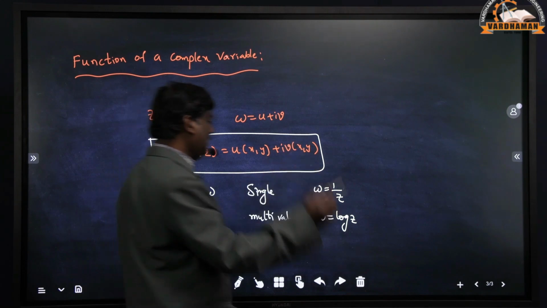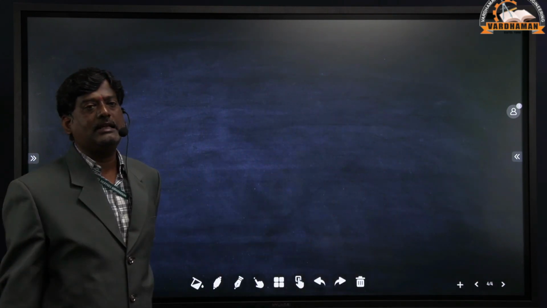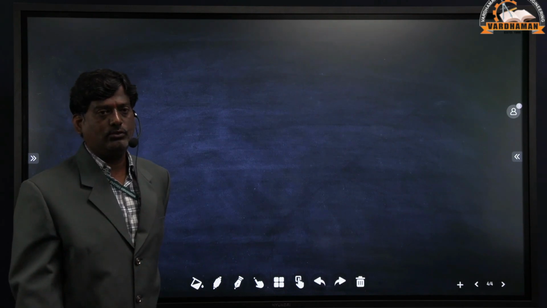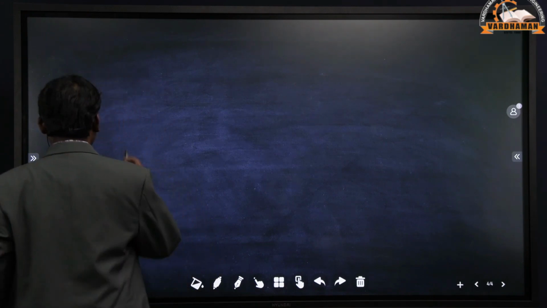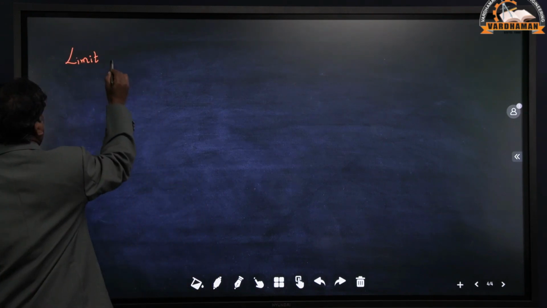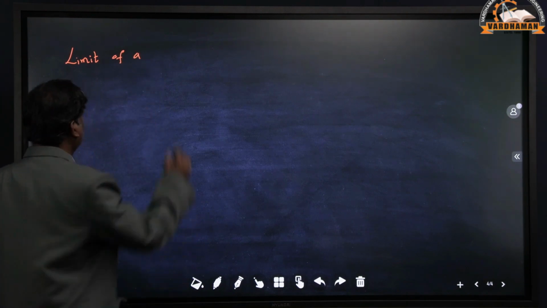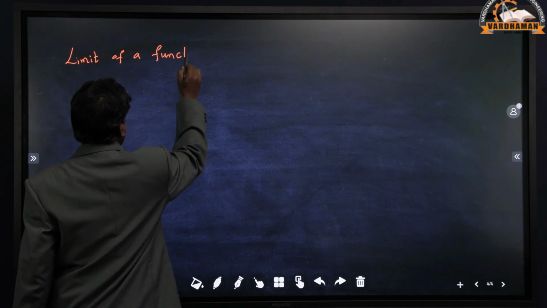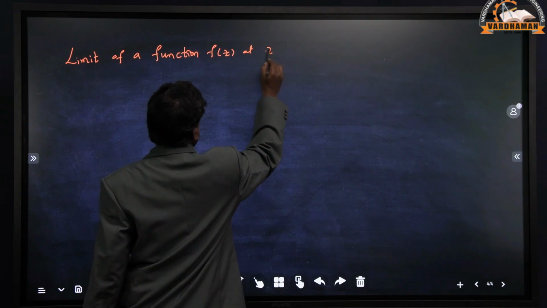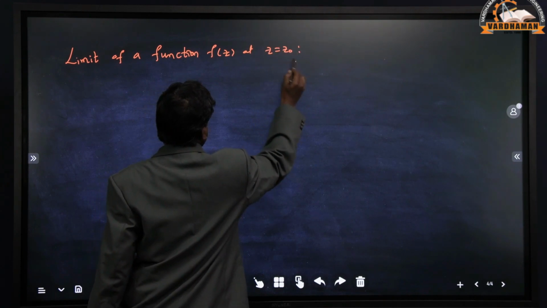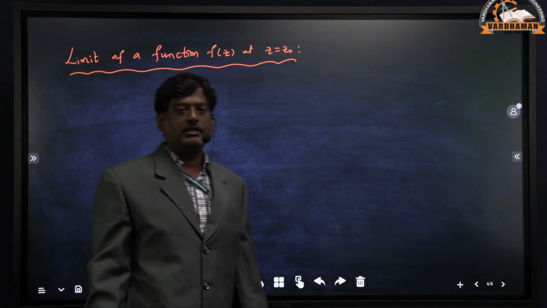Next, what is the limit of a function? In real theory you know the limit of a function. Similarly we can define the limit of a function of a complex variable, the limit of a function f of z at a point z equal to z0.